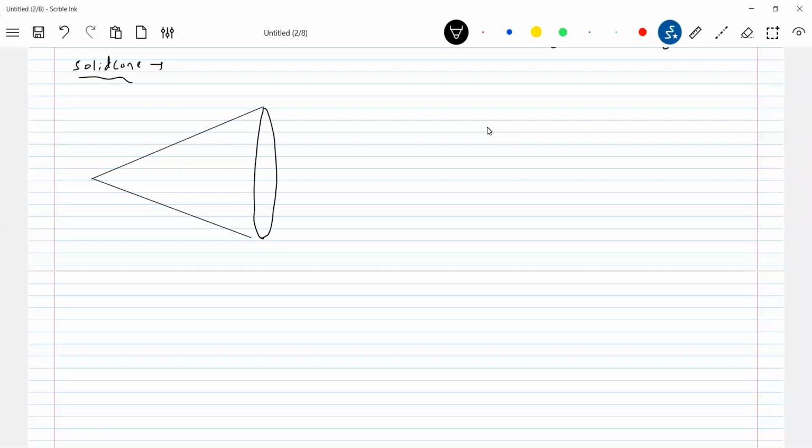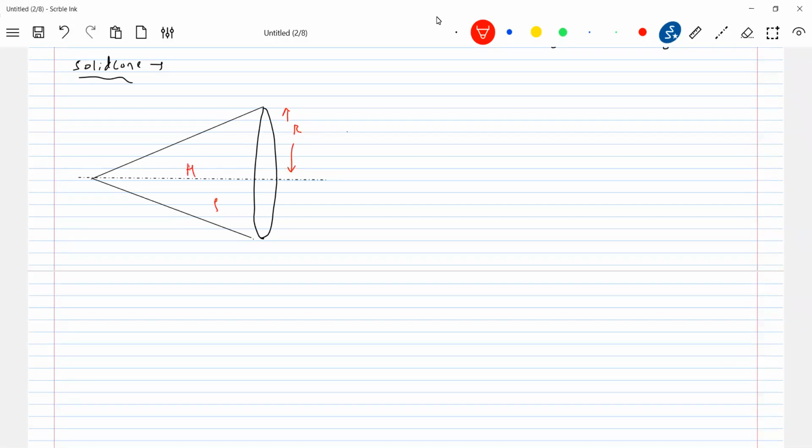Okay, similarly, we'll go for the solid cone. Let h be the height of the cone and r be the radius of the cone.